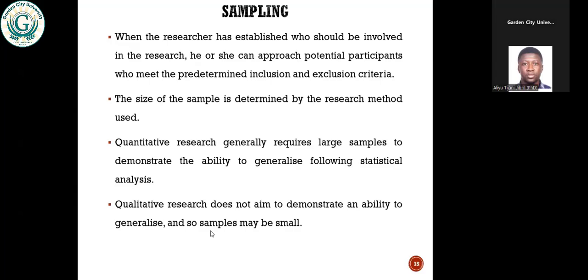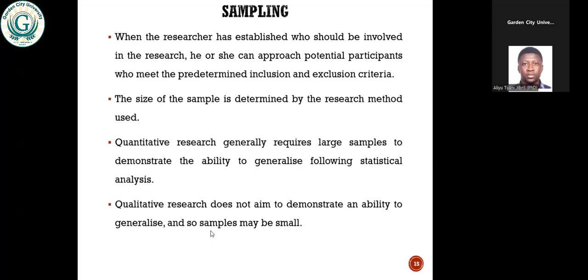The main reason is that when you reach saturation, you can stop your data collection. Sometimes you can get something like 5, 10, 7, 8, 9, 18 people in the qualitative.